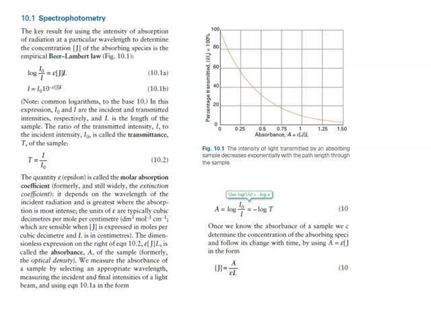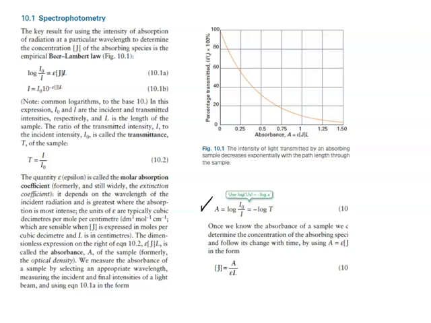The dimensionless expression on the right of equation 10.2 is called the absorbance, A, of the sample, also formerly known as optical density. We measure the absorbance of a sample by selecting an appropriate wavelength, measuring the incident and final intensities of the wave beam, and using equation 10.1 in the form where absorbance equals the log of the ratio of I naught over I, or the negative log of transmittance.